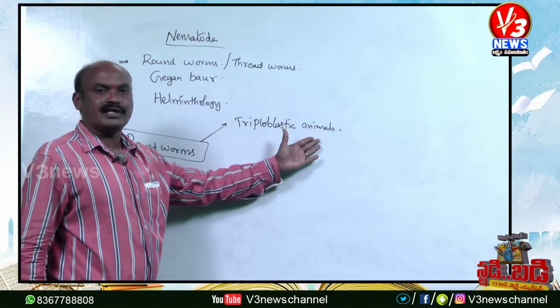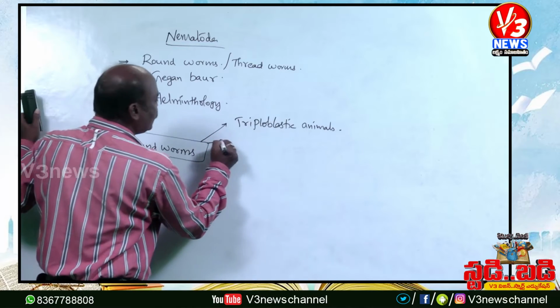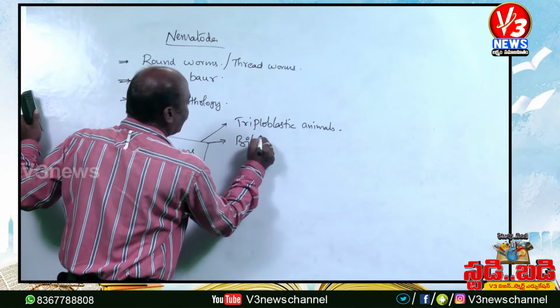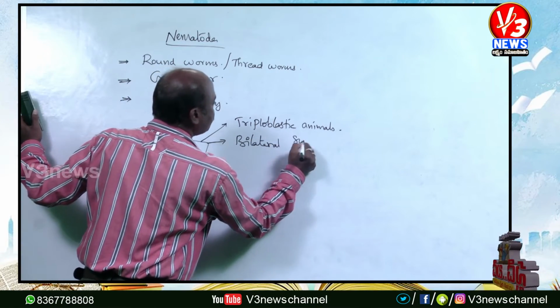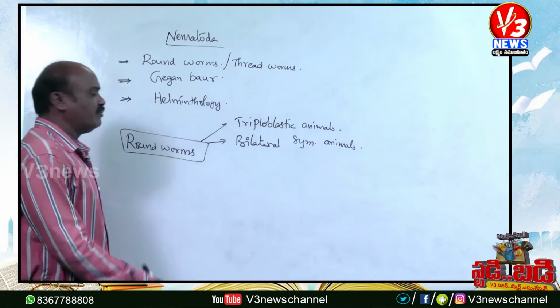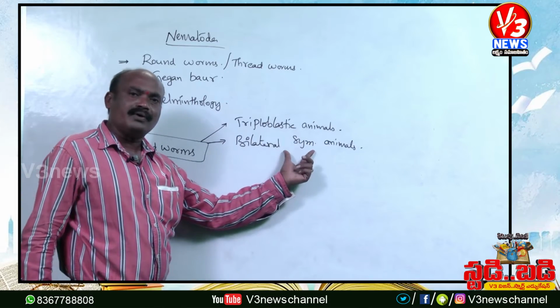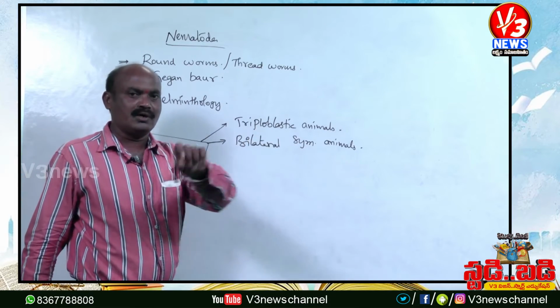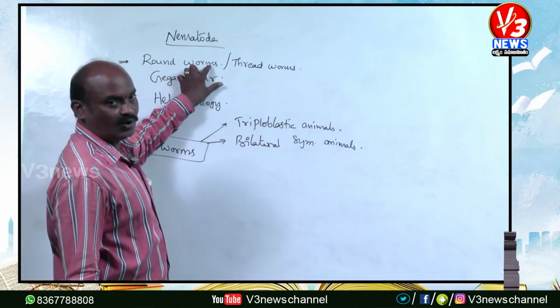Then these are also bilaterally symmetrical animals. So these two are the common features of both flatworms and roundworms.